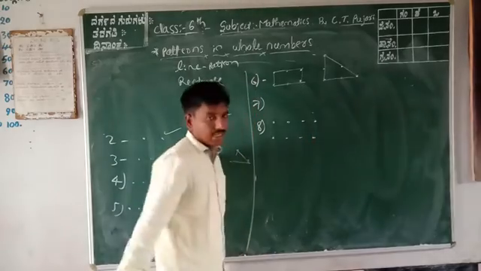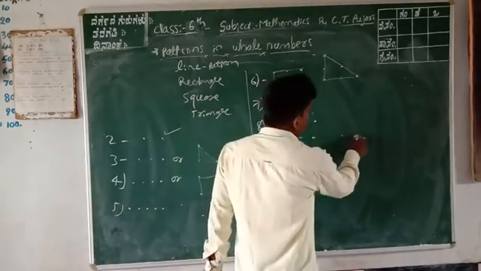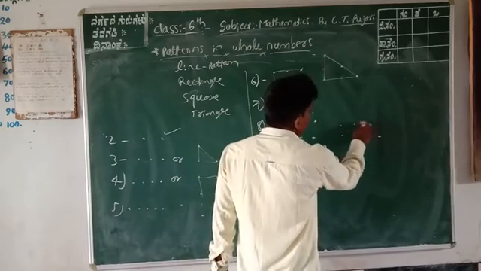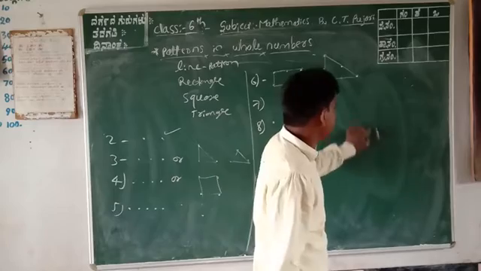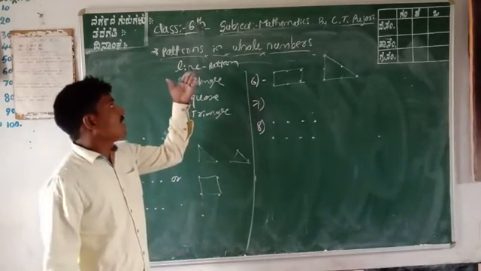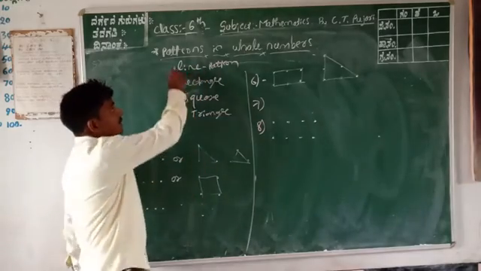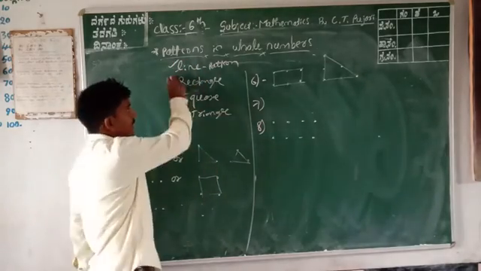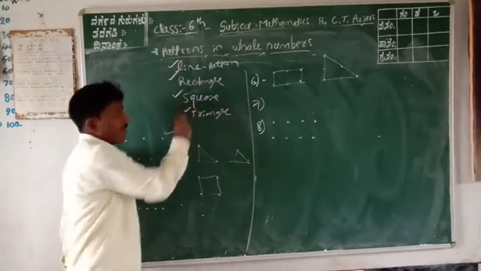Or as a triangle? No, only a rectangle. Dear students, in this way all numbers are written in a line pattern, rectangle pattern, square pattern, or triangle pattern.